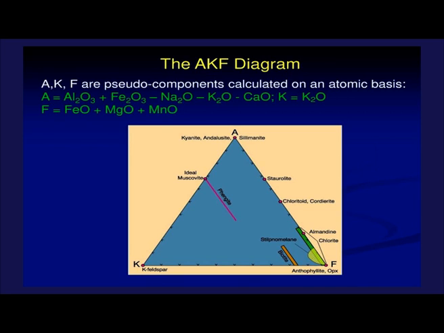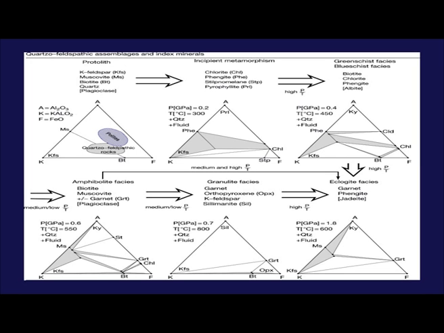As a result of this formulation, no plagioclase plots on the AKF diagram. Only one atom of calcium is subtracted from 2 of alumina because the Al to calcium ratio in anorthite is 2:1.